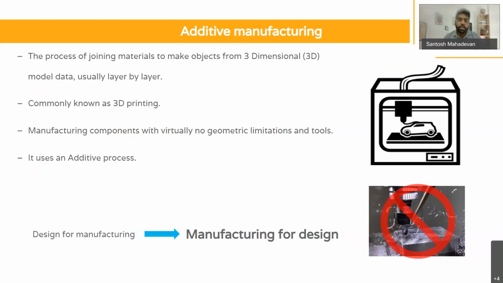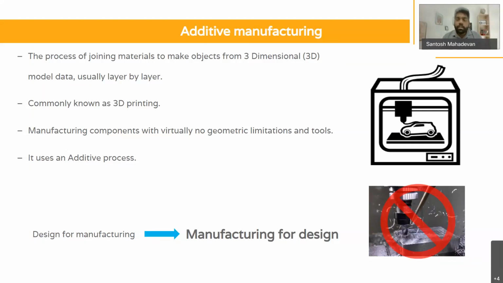So 3D printing gives me that leverage where I do not have to spend a lot of time. I do not have to compromise on a lot of the design requirements. I do not have to compromise on the fact that I cannot be so different from my competition in terms of my design.